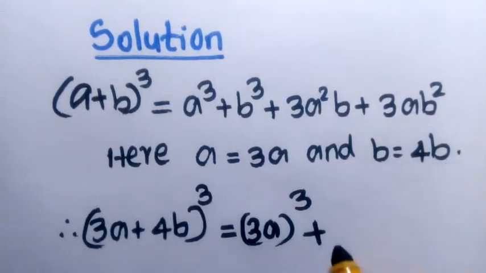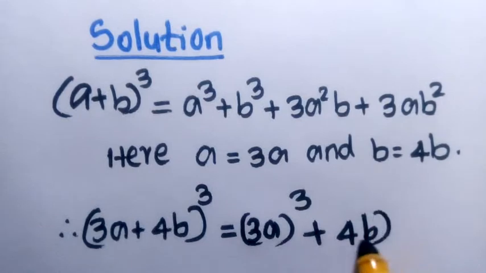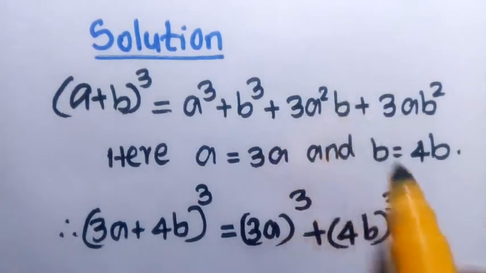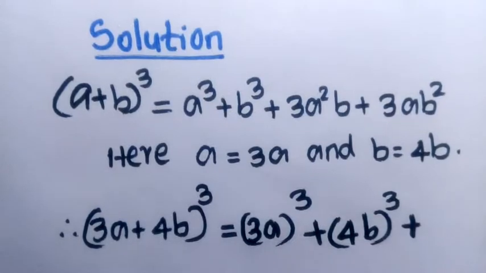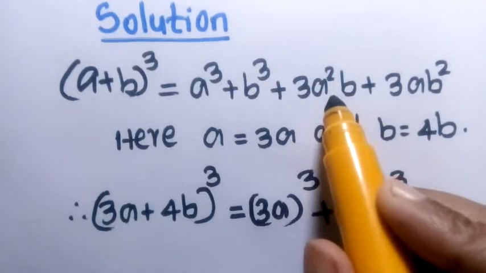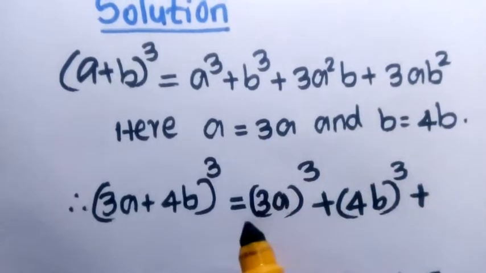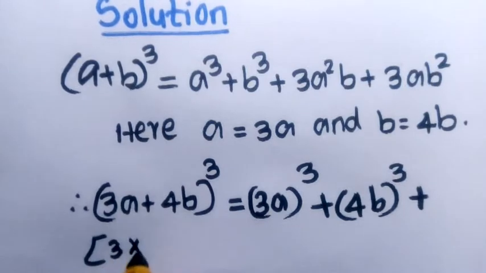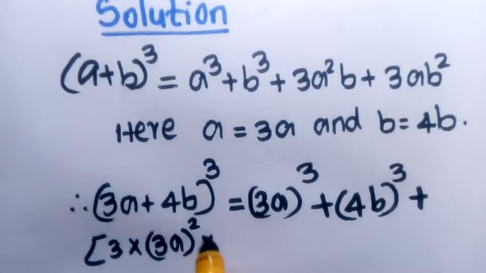B is 4B, so (4B) the whole cube, plus 3A square B. So plus 3A square B means 3 into A square into B. So 3 into A is 3A. So 3A square means (3A) the whole square into B. B is 4B.